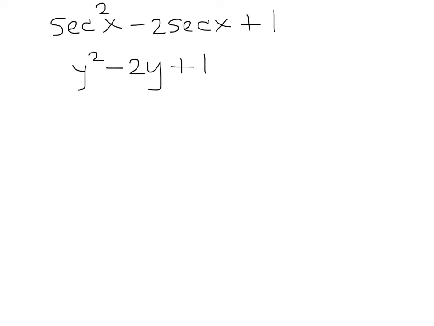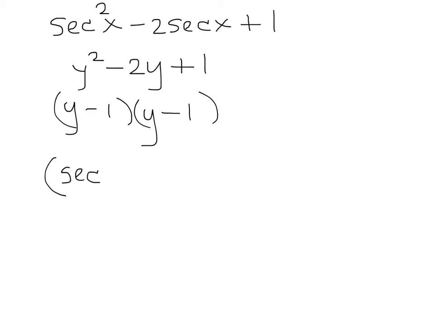If we are going to factor this, we need two numbers that multiply to 1 and add to negative 2. So we would get y minus 1 and y minus 1. This then is the same expression as above using the trig function. So in the trig form, it would look like secant of x minus 1 times secant of x minus 1.